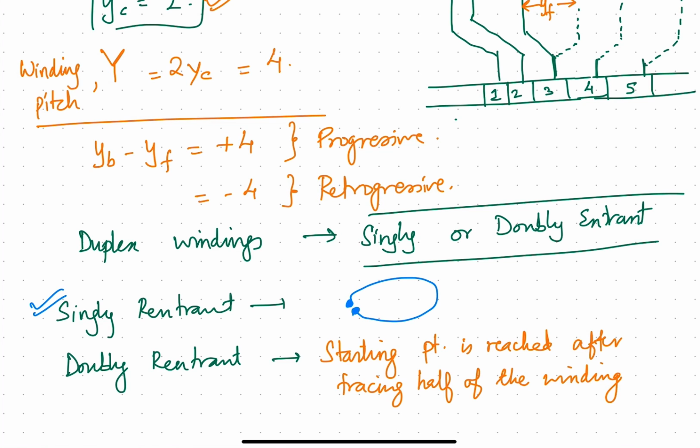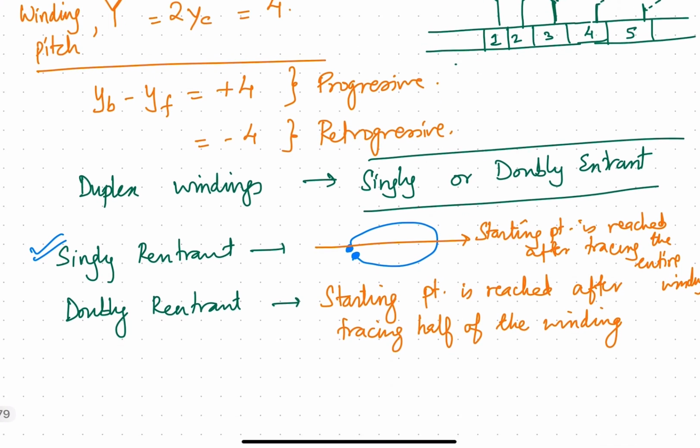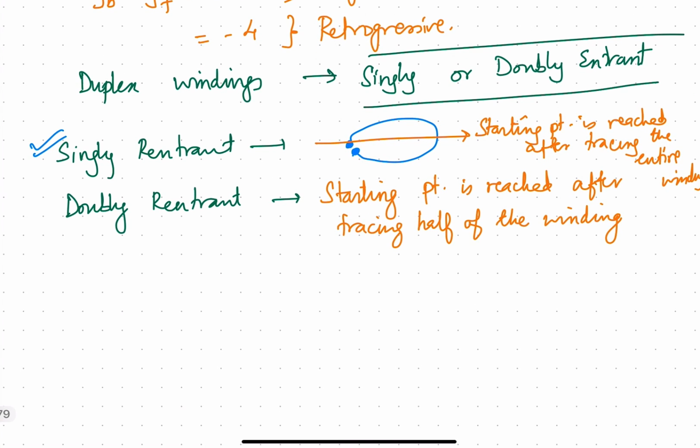In case of the singly reentrant, we have said that the starting point is reached after tracing the full winding. Okay. So this was about duplex lap winding.